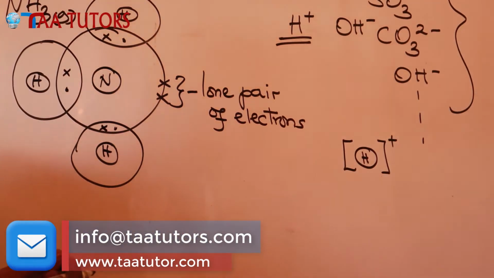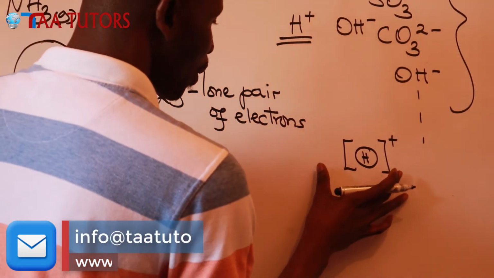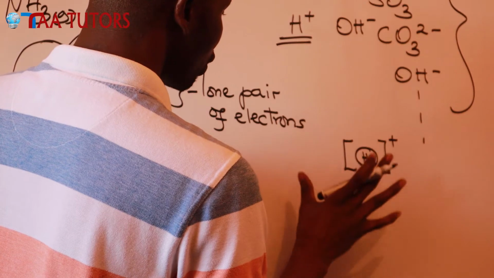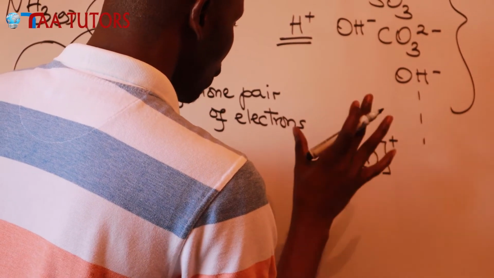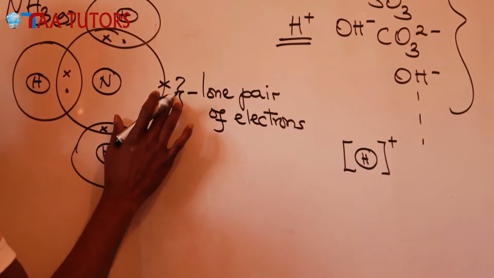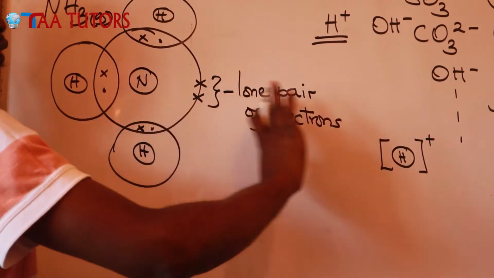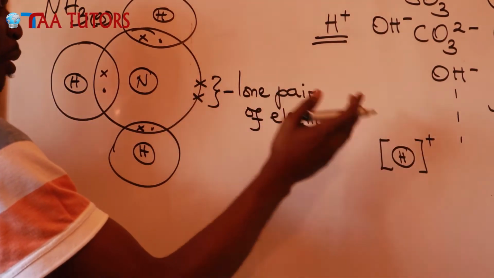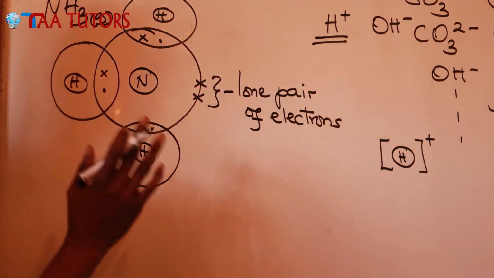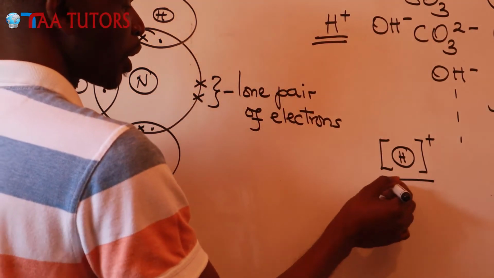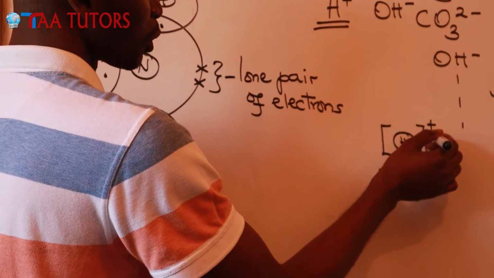Now it means that this ion here, which has an empty outer energy shell, will be able to come and share in the lone pair of electrons. In this case, the nitrogen will be the one to give electrons, while hydrogen will come with nothing. We remember that the hydrogen ion comes charged positive 1.